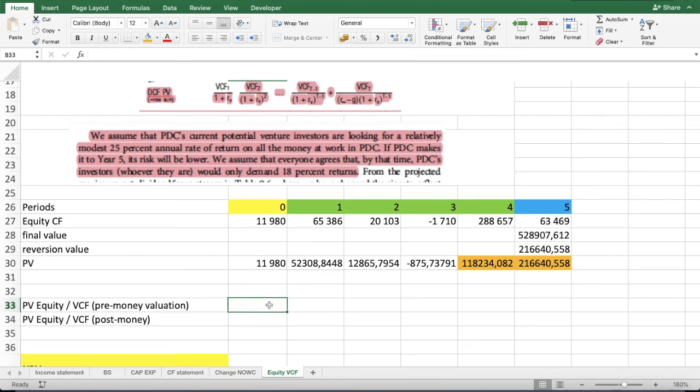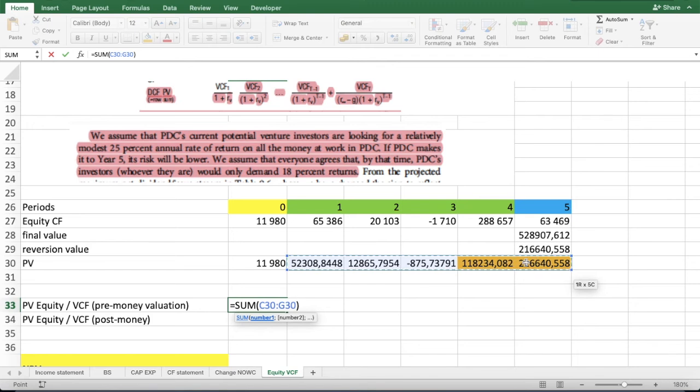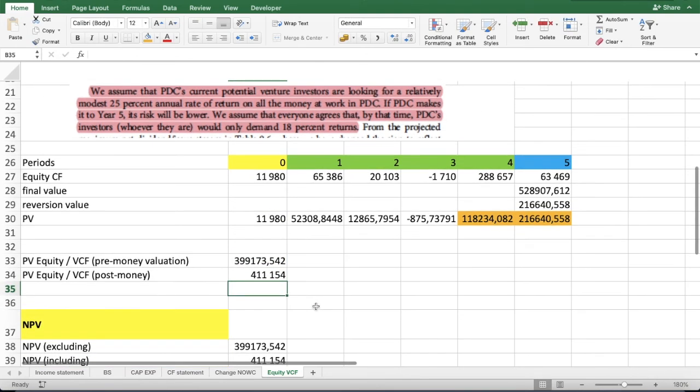So it will be equal to the sum of all these numbers. So this is the net present value, the present value of the equity at the pre-money valuation. Now if we want to take also into consideration the current value of the equity, all we have to do is just to add the equity cash flow at T0, and that's it. See, as simple as that.